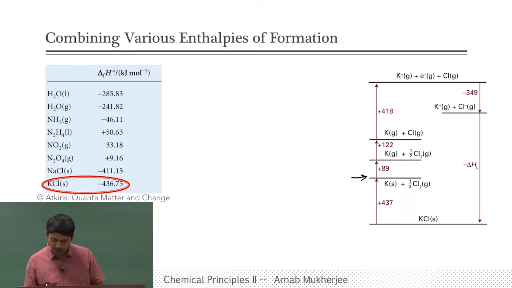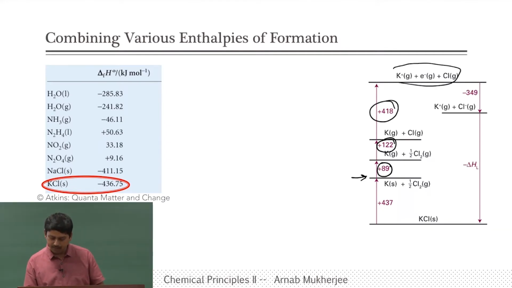In order to make potassium from solid to gas, you need to supply plus 89, and then in order to break the bond in chlorine you need to supply plus 122, and then there is an electron transfer that has to happen between chlorine and potassium, that becomes K plus and Cl minus, and that is again an enthalpically endothermic process, you have to supply that.